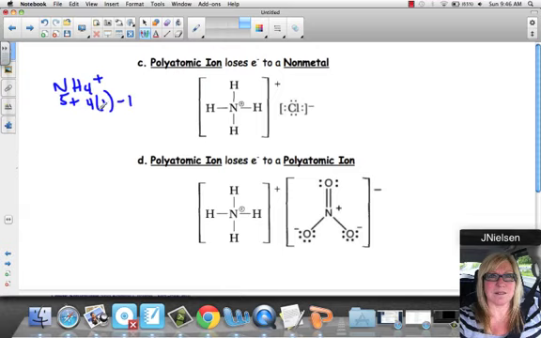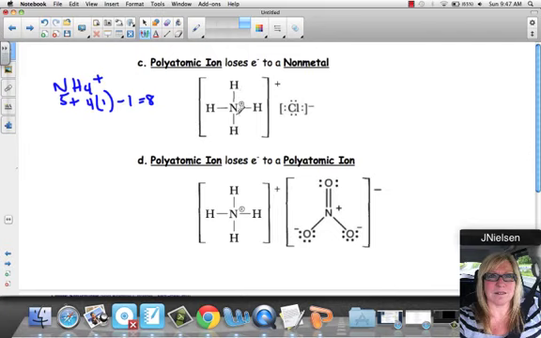This plus means it lost 1. So it's 5 plus 4 is 9, minus 1 is a total of 8. 2, 4, 6, 8. Nitrogen's happy.